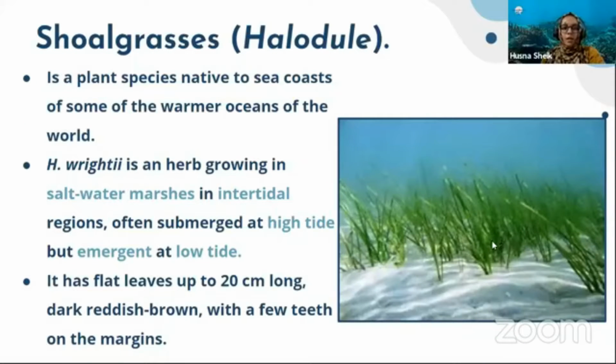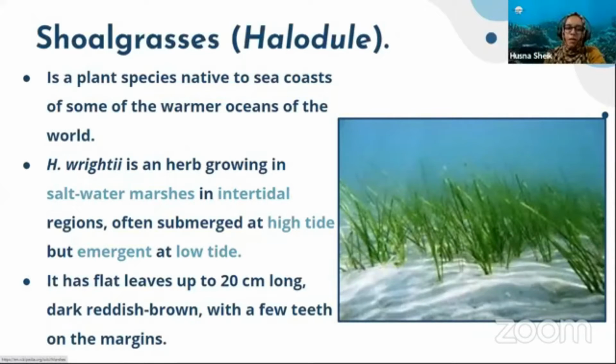And our next example is shoal grass, Halodule. It's a plant species native to the sea coast of some of the warmer oceans in the world. They grow in salt water marshes and intertidal regions, so they are often submerged.